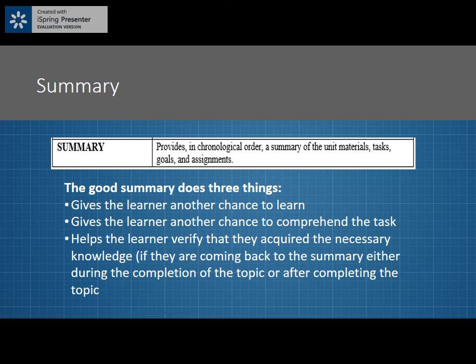This is not merely a restatement of the objectives. In order to write a good summary, our summaries need to do three things. They need to give the learner another chance to learn, give the learner another chance to comprehend the task, and help the learner verify that they acquired the necessary knowledge.